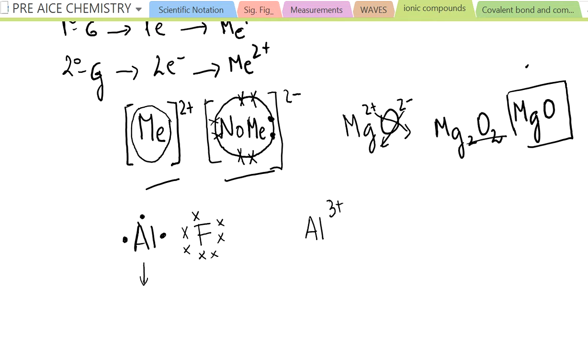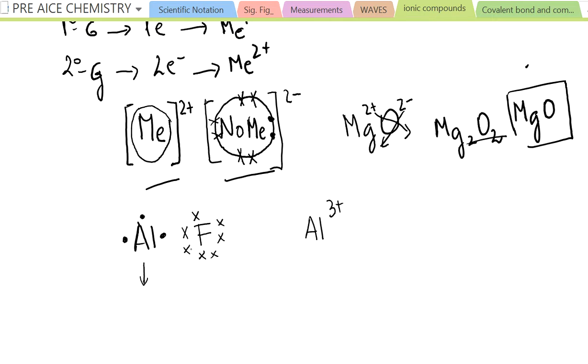I don't care how many the fluorine gives or needs. I care only how many the aluminum needs to give away. Yes? And it's going to be positive 3 because there are 3 electrons that were balancing the protons before, but now they are not anymore. Okay? And as I always say, giving away is a good thing, so that is becoming positive.